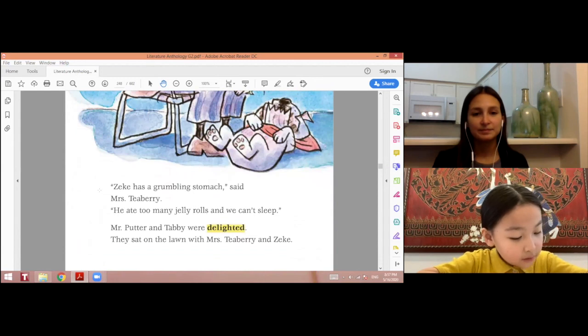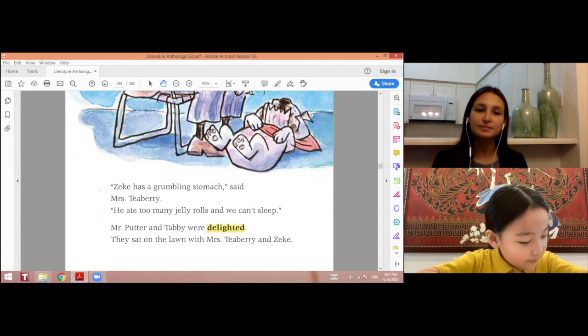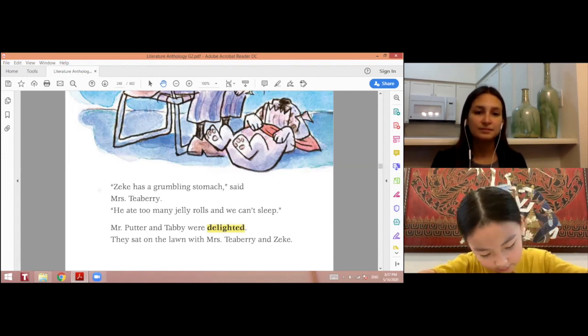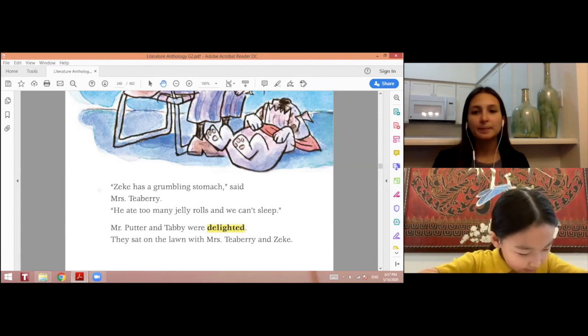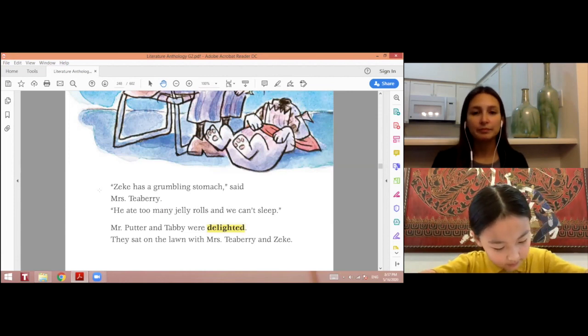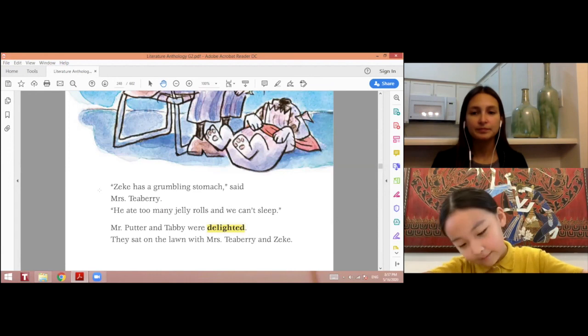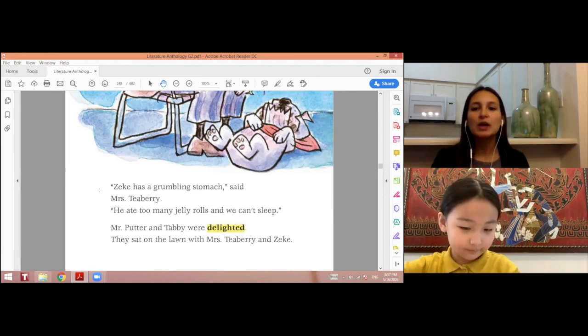He ate too many jelly rolls and we can't sleep. Mr. Putter and Tabby were delighted. They sat on the lawn with Mrs. T-Berry and Zeke.